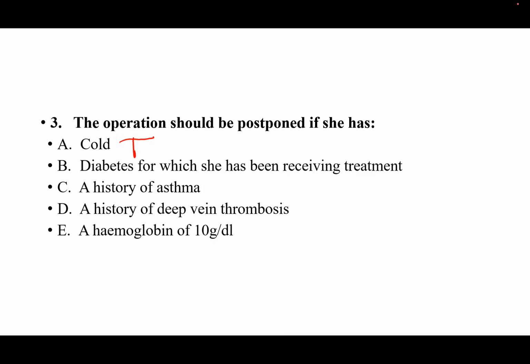The cold, if it's an upper respiratory tract infection, can spread to the lower respiratory tract and cause pneumonia. So if a patient has an upper respiratory tract infection from viral infection with a hypersensitive airway, they are prone to developing what? Postoperative pneumonia, excessive secretions during anesthesia.